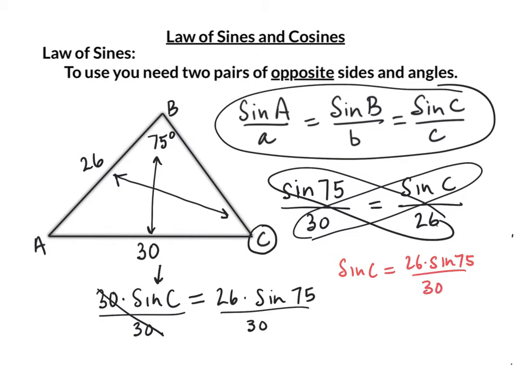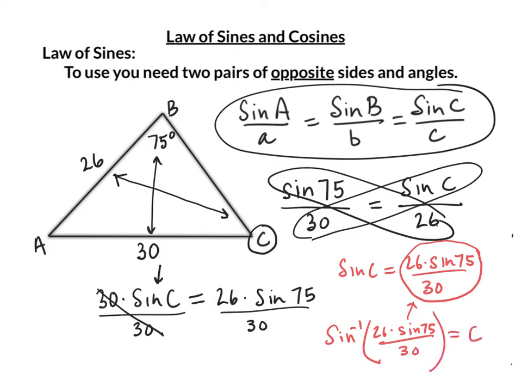What we need to do is put this in the calculator, and we need to take the inverse sine of that because we're finding angle C. In other words, our answer is this. The inverse sine of 26 times sine 75 over 30 is equal to C. I'll show you a couple of ways to plug that into Desmos.